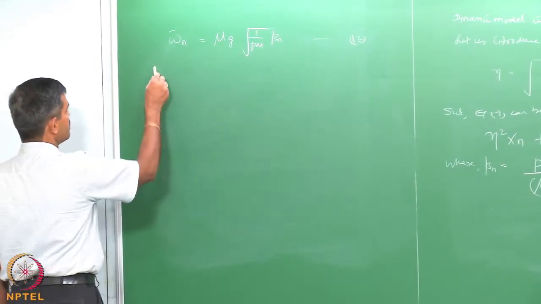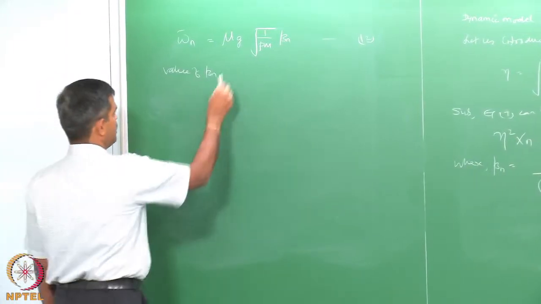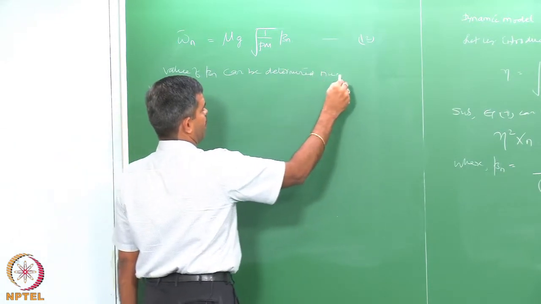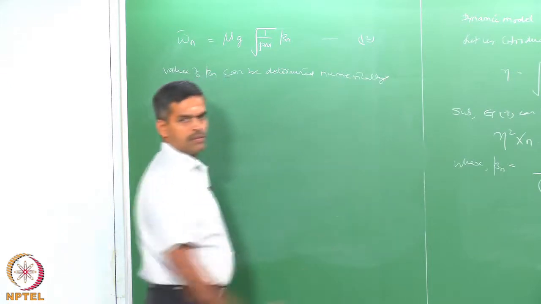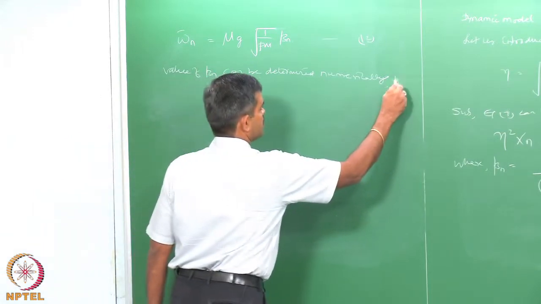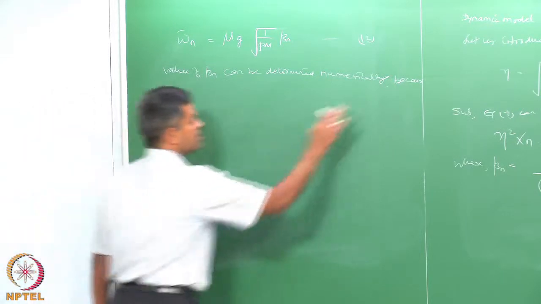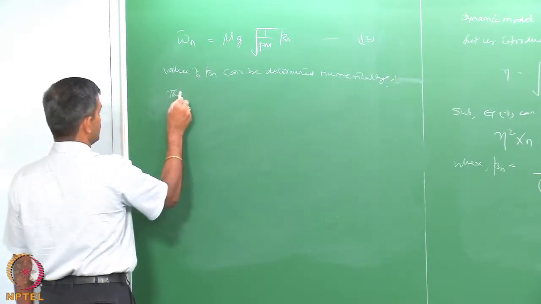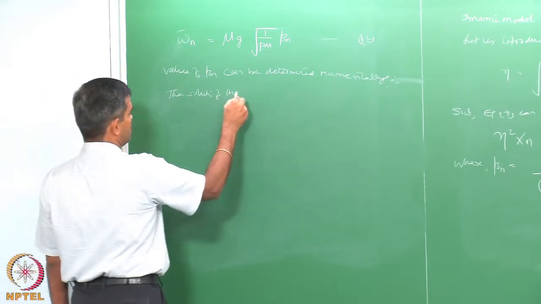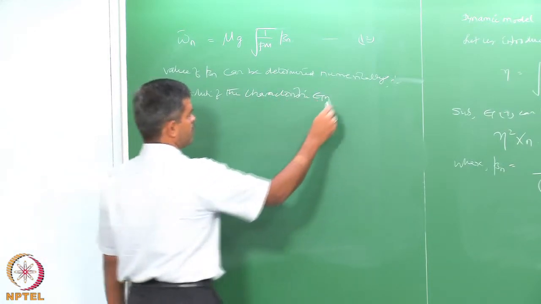Now, the value of beta n can be determined numerically, because the solution of the characteristic equation is given by J0(2 beta_n)[1 + mu g L/P] Y0(2 beta_n) minus Y0(2 beta_n)[1 + mu g L/P] J0(2 beta_n) set to 0, equation 13.